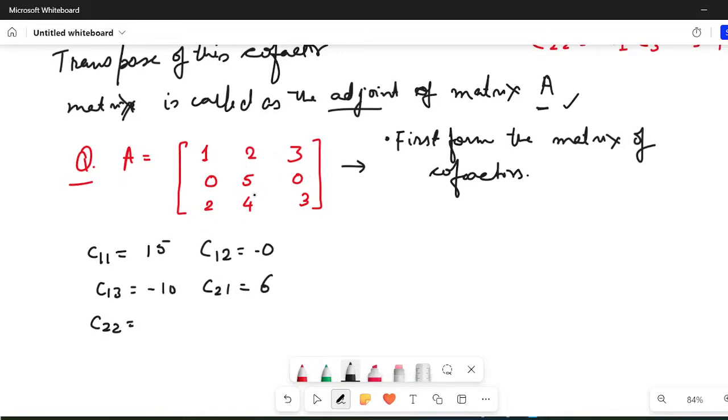In order to find C22, it would be 3 minus 6, which is minus 3. Okay, what would be C23? Just think about it. It would be 4 minus 4, I think 0.